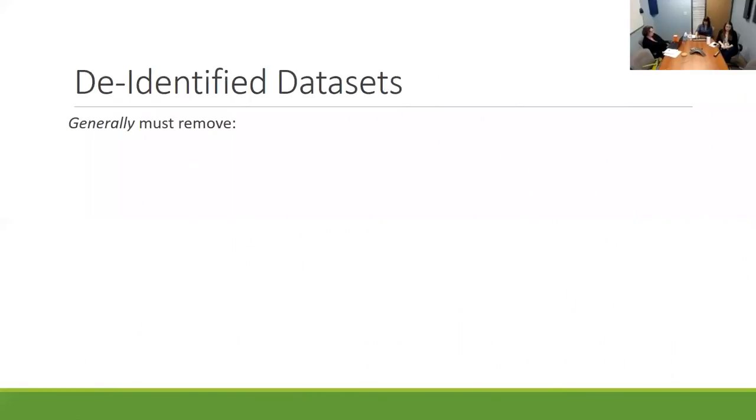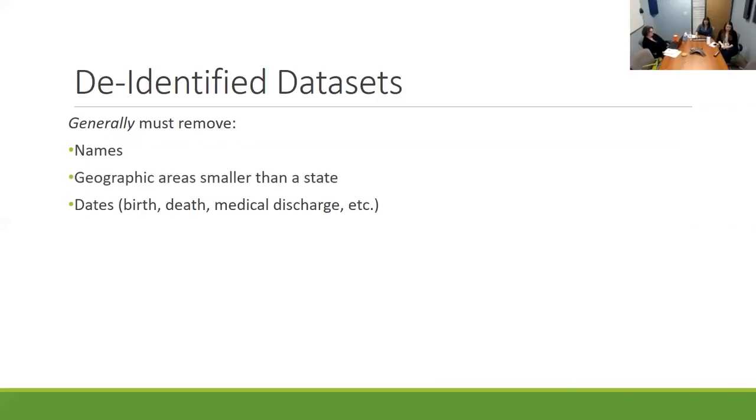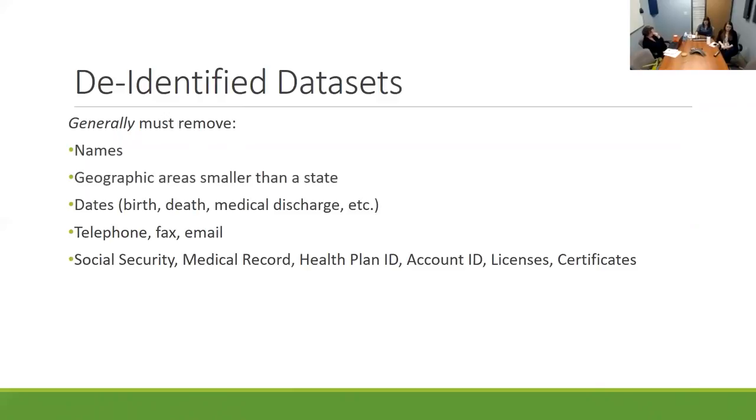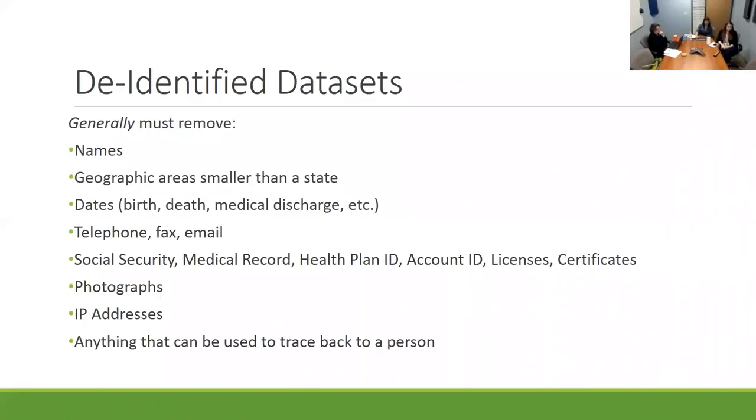Generally, this is not comprehensive, but generally by removing people's names, a geographic area smaller than a state, dates, so my date of birth, my date of death, my medical discharge date, my telephone, fax, or email address, my social security number, medical record number, my account ID, my driver's license number, my birth certificate record number, any photographs of people, any IP or internet protocol addresses, essentially anything that can be used to trace back to the person. Remove that, and you've got yourself a de-identified data set.